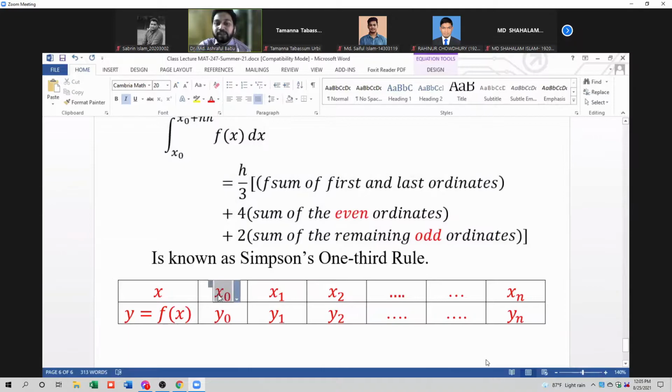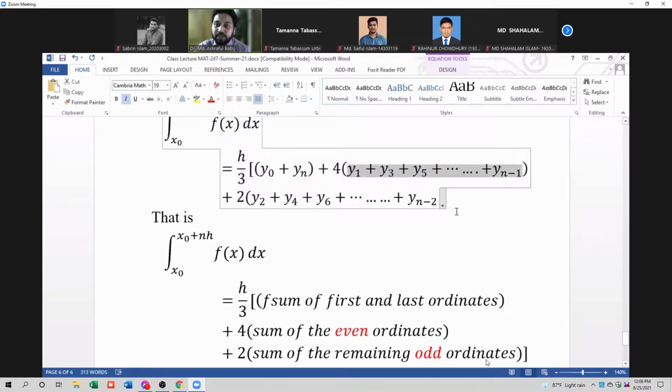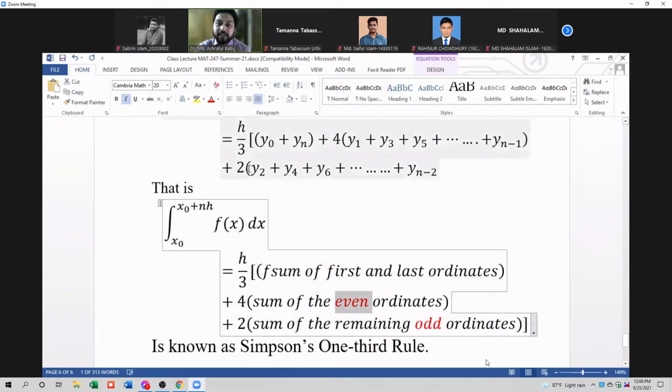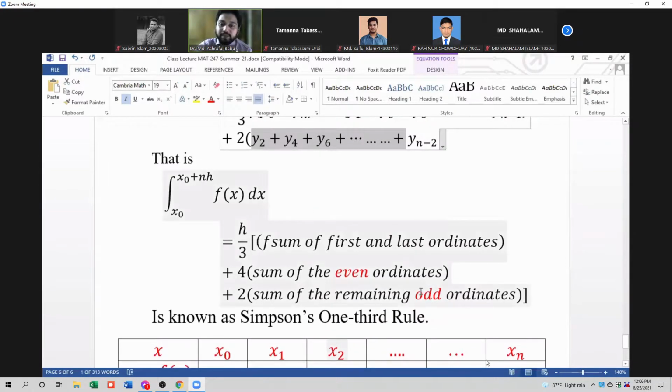The first one starts from 0. If it started from 1, then x1 would be the odd position, x3 the odd position, x2 the even position, but it starts from 0. So x0 is the first position, an odd position. x1 is the second position, an even position. x2 is the third position, an odd position. Because it starts from 0, y1, y3, y5 are even position ordinates, which is why it is the sum of the even ordinates. And y2, y4, y6 are odd position, so these are the remaining odd ordinates.